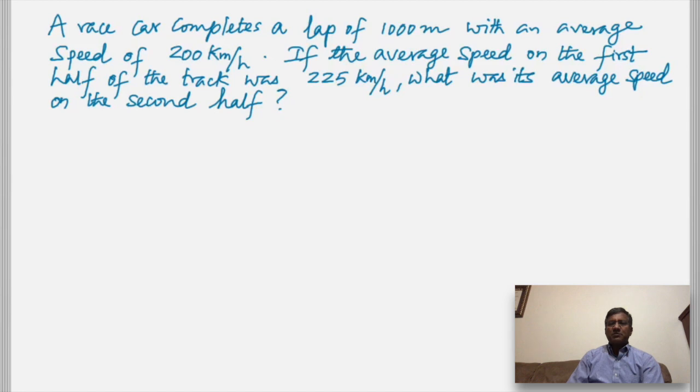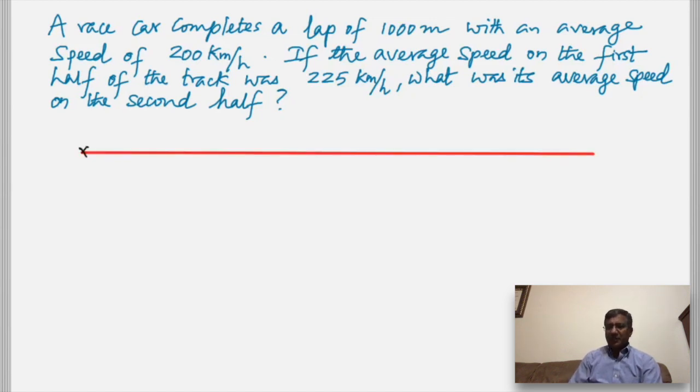So average speed means total distance by total time. The average speed is given as 200 km per hour, but the race car moves at 225 km per hour in the first half, and in the second half you're asked to find the average speed.